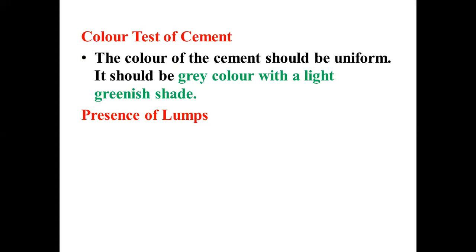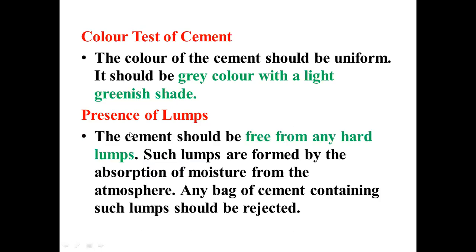Next is the presence of lumps. There should be no lumps inside the bag of cement. Once you open the bag, we can observe that there are no lumps. If there are lumps, the cement has hardened, and we cannot use it for construction. The cement should be free from any hard lumps. Such lumps are formed by the absorption of moisture.